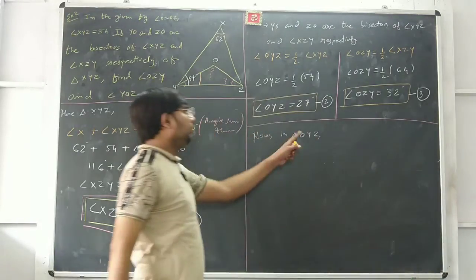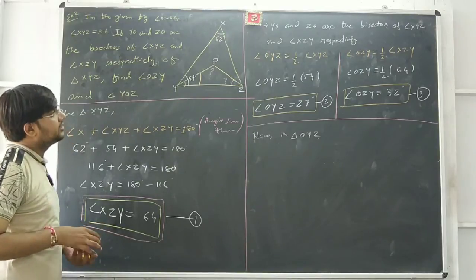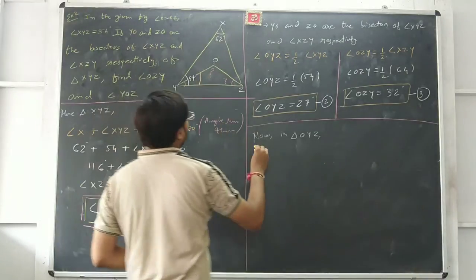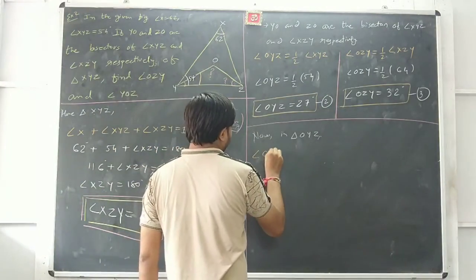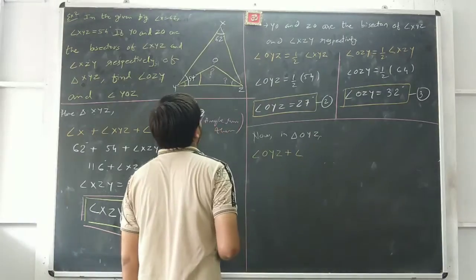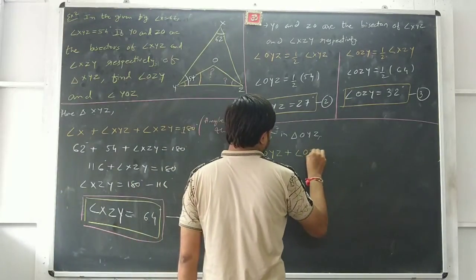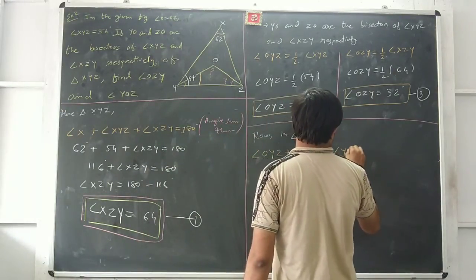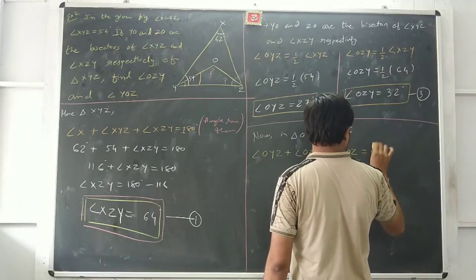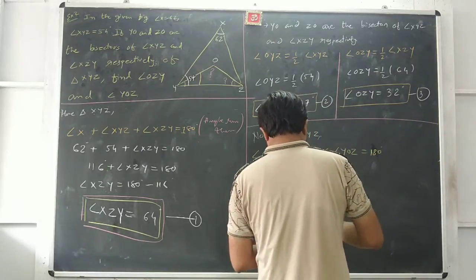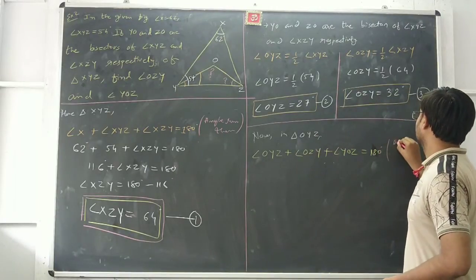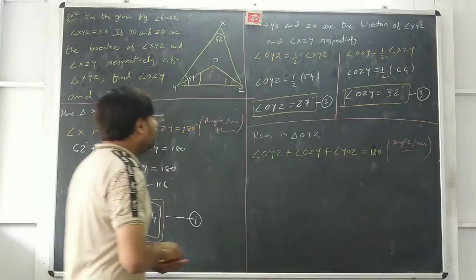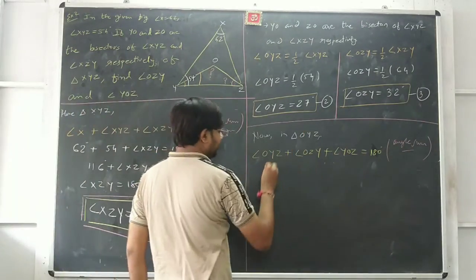Now we know that OYZ is a triangle. Then I can write angle OYZ plus angle OZY plus angle YOZ is equal to 180. Okay, angle sum theorem. We know OYZ is 27.